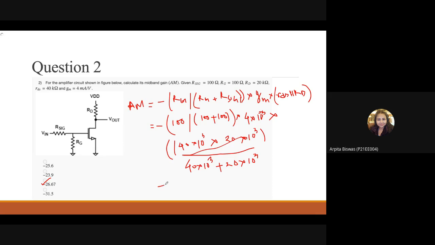Tell me what is the value. This is minus 26 point, please try to calculate it. 26.67. Is it clear?